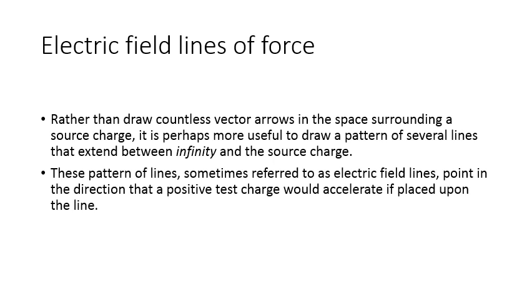The important thing is that the lines move from the positive. If your source is positive, the lines are in the outward direction, and if you have a negative source, they are in the inward direction.